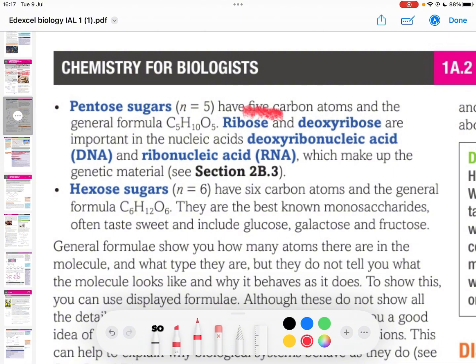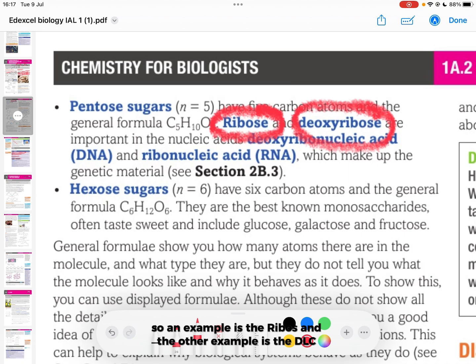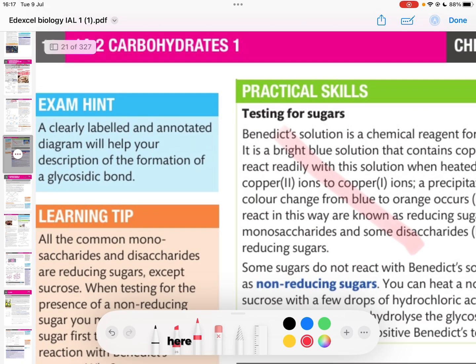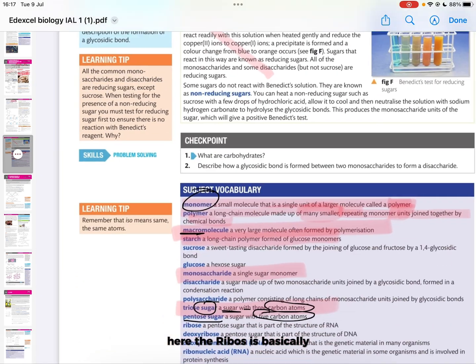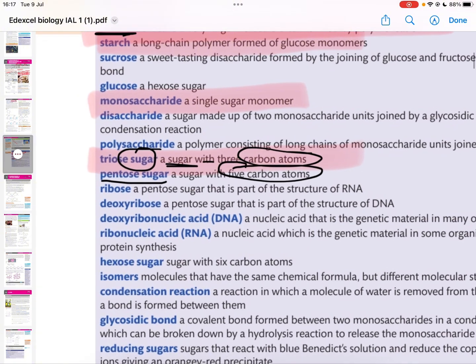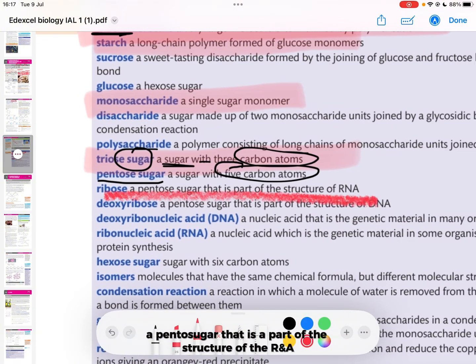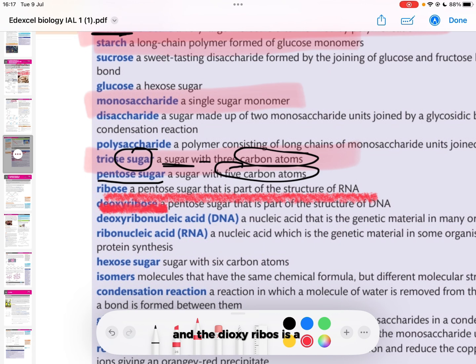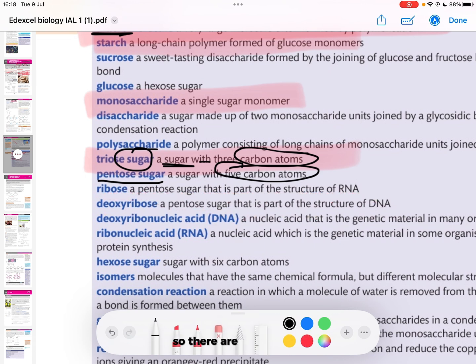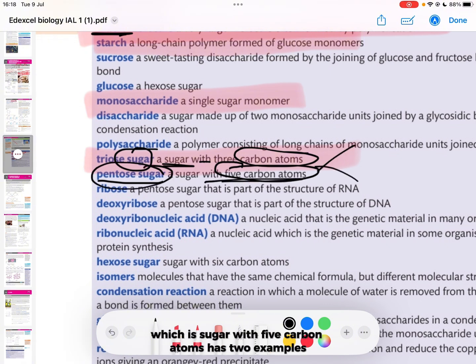So, an example is the ribose, and the other example is the deoxyribose. Here, the ribose is basically a pentose sugar that is a part of the structure of the RNA, and the deoxyribose is a pentose sugar that is part of the structure of the DNA. So the pentose sugar, which is sugar with 5 carbon atoms, has 2 examples.